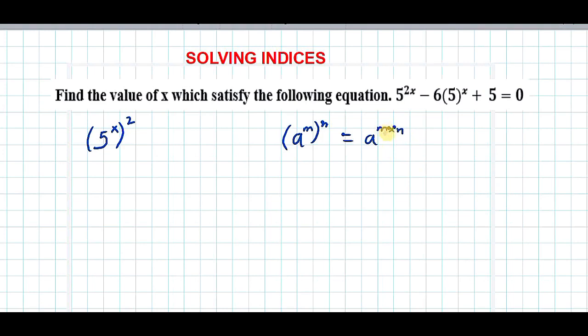Remember, m and n are commutative, and therefore we can also have it as a raised to n inside and then m outside. So that is what I've done.